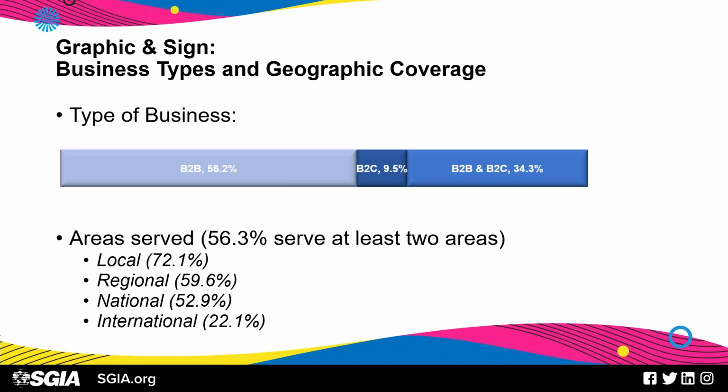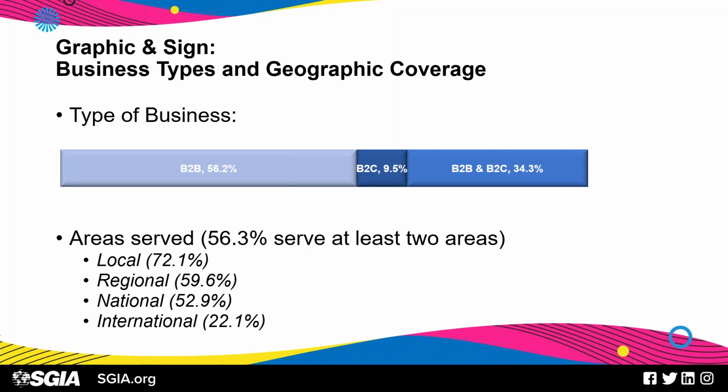What type of businesses are they? More than half of them serve other businesses. Only around 10% serve consumers, and more than a third of the companies serve both segments, businesses and consumers. Geographically, they are spread. The majority cover local markets, 72.1%.